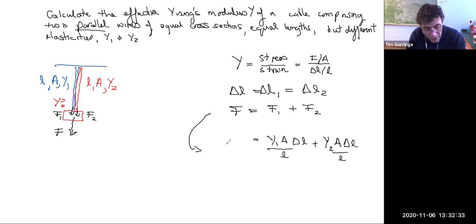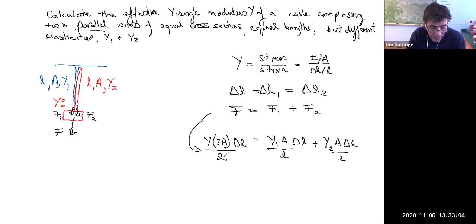And finally, if I substitute for the total force that's acting on the entire cable made of the two wires in terms of the effective Young's modulus of that cable and its area, its length, its elongation, I get the following. Y is the effective Young's modulus. 2A is the cross-sectional area of the entire cable. Delta L is its elongation, and L is its length.